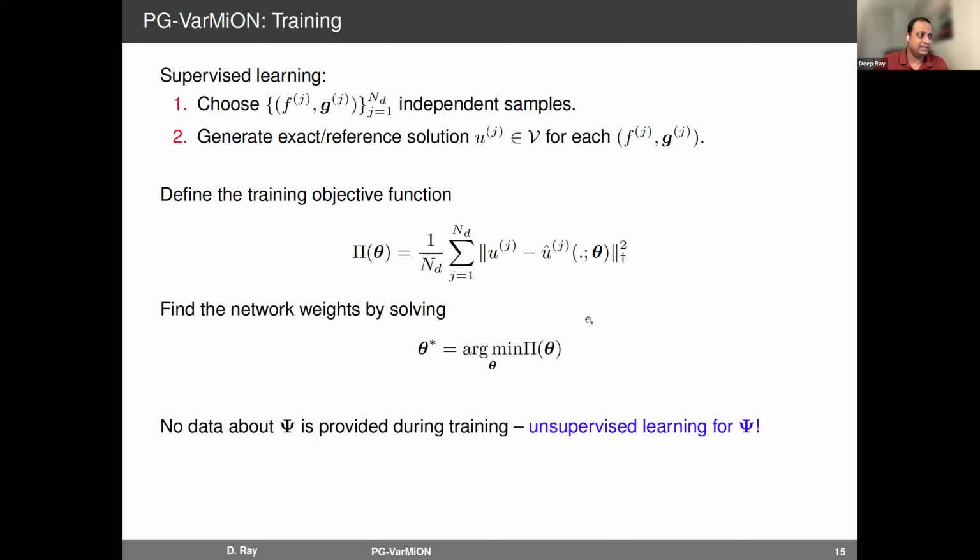Okay, that is not known to me. But I'm still trying to recover the psi by simply trying to minimize this mismatch. So it's an unsupervised learning for psi, where I don't show what the true psi values are. I only show the true solutions Uj, okay? And hopefully that will be enough to automatically and implicitly learn the weighting functions that give me something which is close to, say, a reference solution Uj.